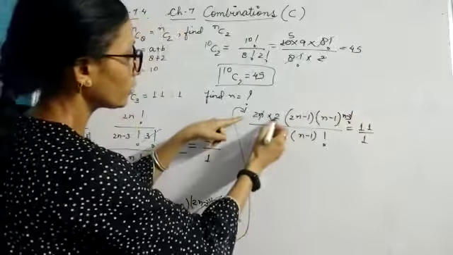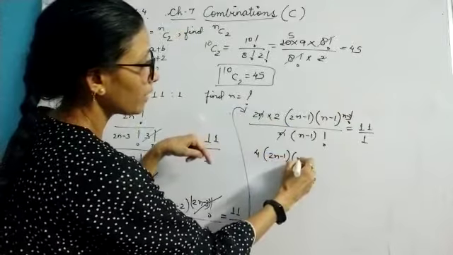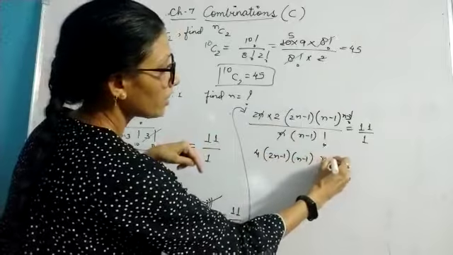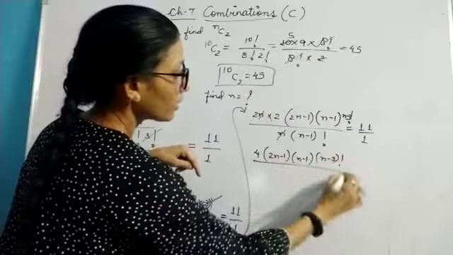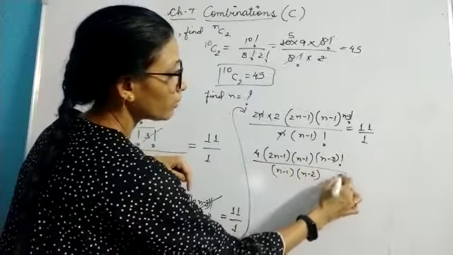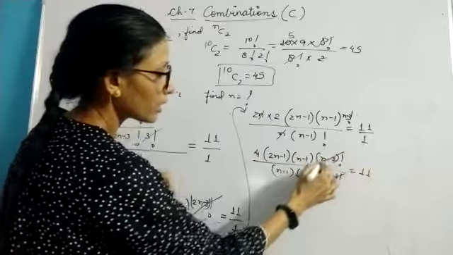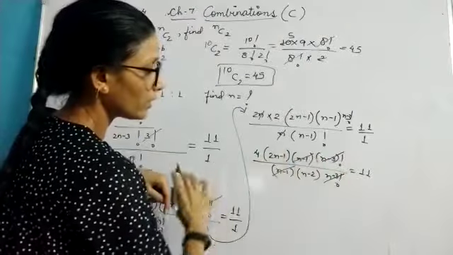So what I can do over here, this is 2 into 2, 4. This is 2n minus 1, n minus 1. This is n minus 3 factorial. I can open it further. This will be n minus 1, n minus 2, and up till n minus 3, equal to 11. So n minus 1 is gone with n minus 1.